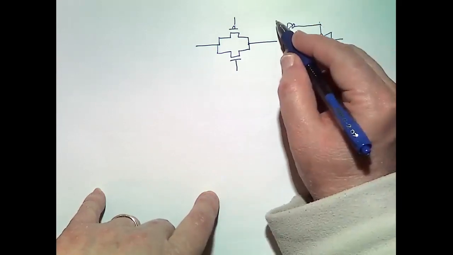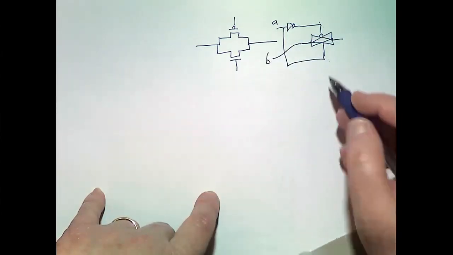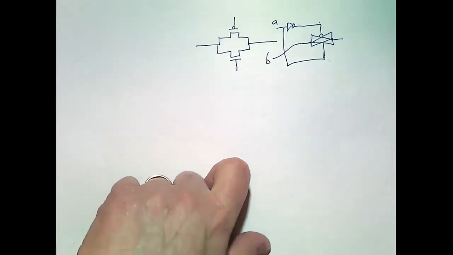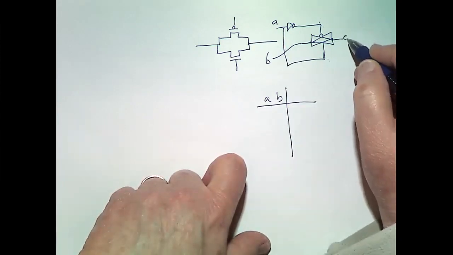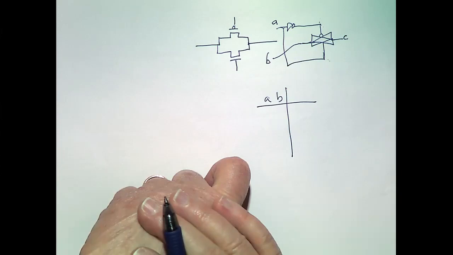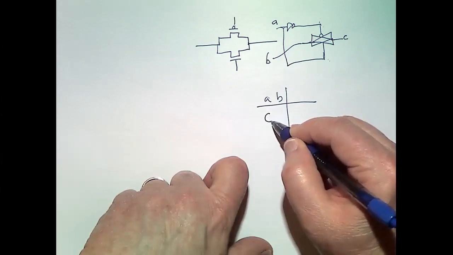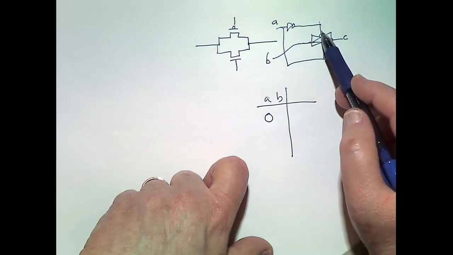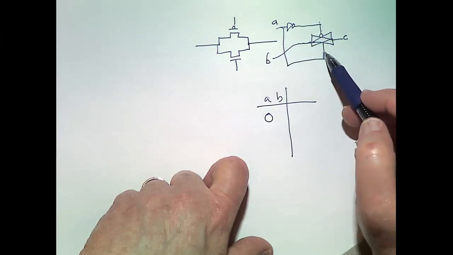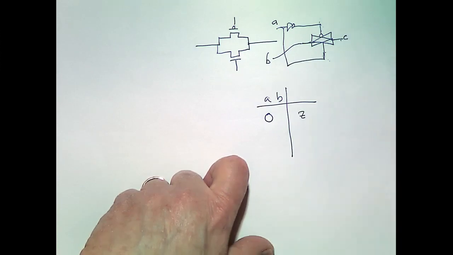Okay, so let's say this is A, and we'll call this one B. We can make a little truth table. We'll call this one C. When A is 0, we have a 1 on this PMOS transistor and a 0 on this NMOS transistor. So what is C? It's high impedance.